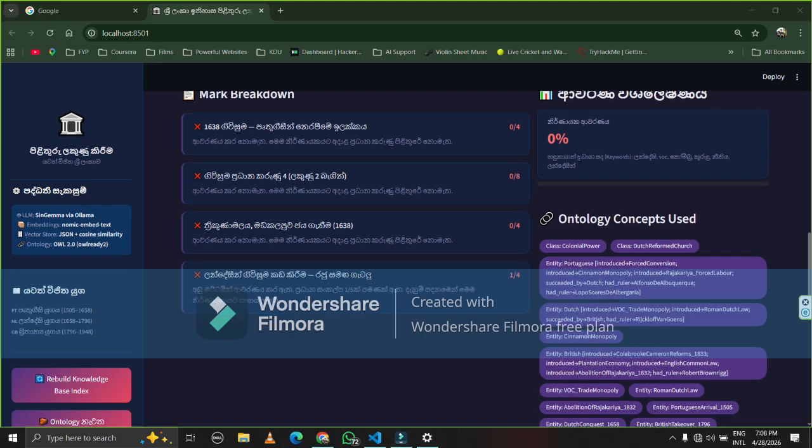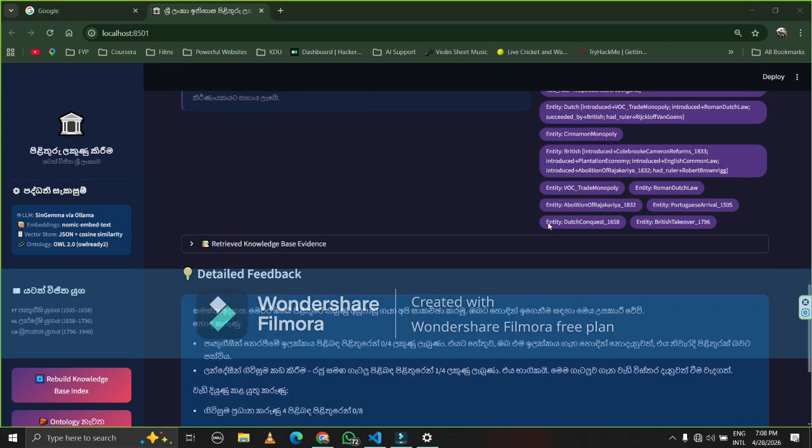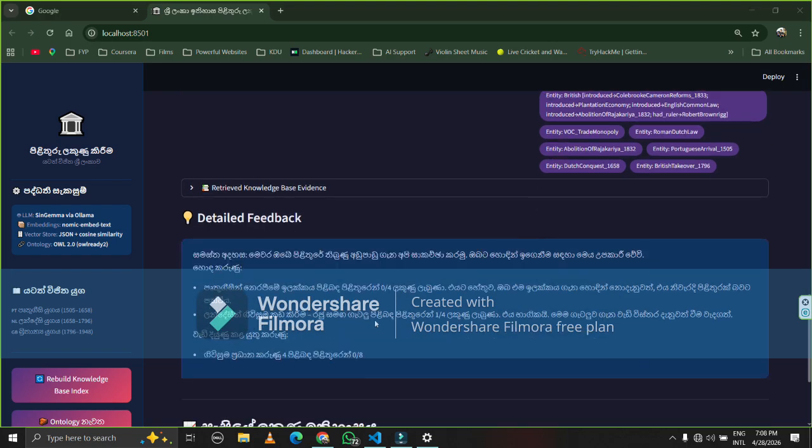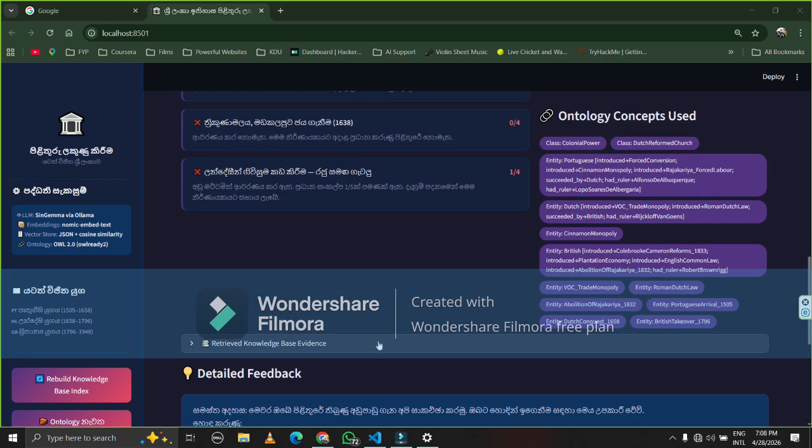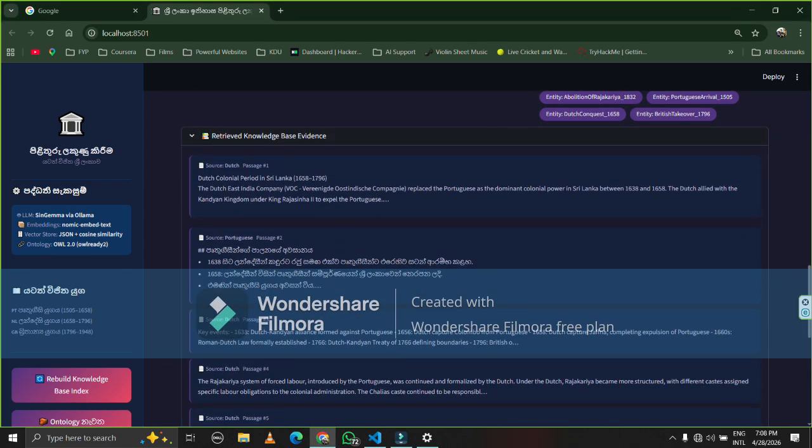So it has marked it as 0%, and it has given what the good points were and what has to be improved here, and the session marks have also been added to the history. You can also see the retrieved knowledge base evidence from here.